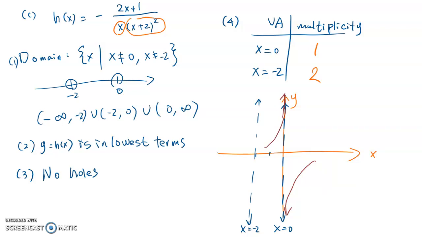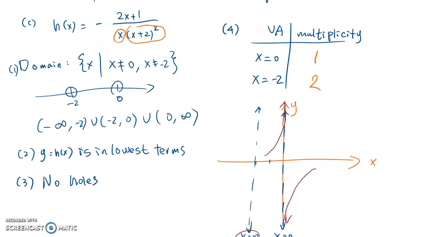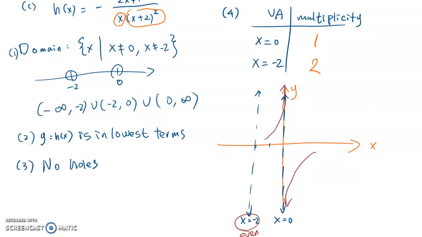And for x equals -2, since the multiplicity is even here, if one side is going down, let's say here is going down, the other side needs to go down also. So the two sides of the vertical asymptote go in the same direction, either both going down or both going up.